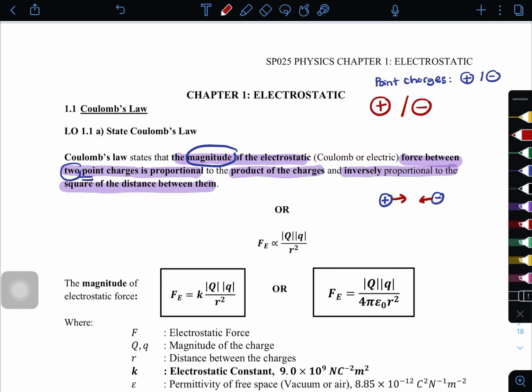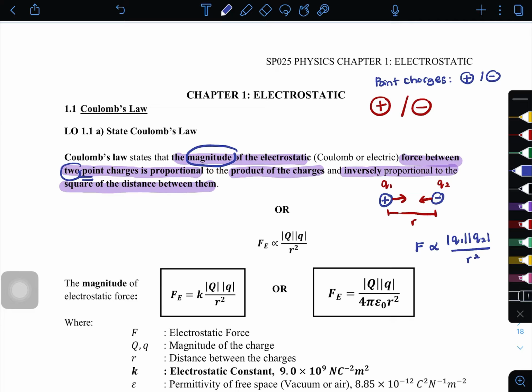The product of the charges, so this is Q1 and this is Q2, and inversely proportional to the square of the distance, so they have a distance. So Coulomb's law says there will be a force, and the force is directly proportional to the value of the charges, Q1 and Q2, and inversely proportional to the square of the distance between them.